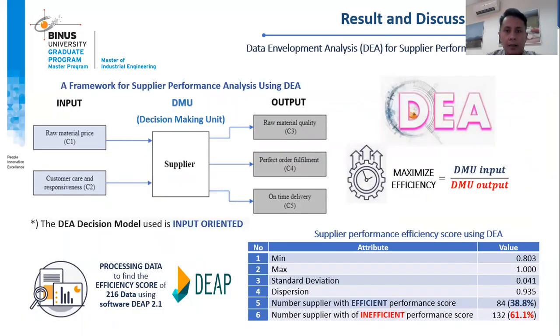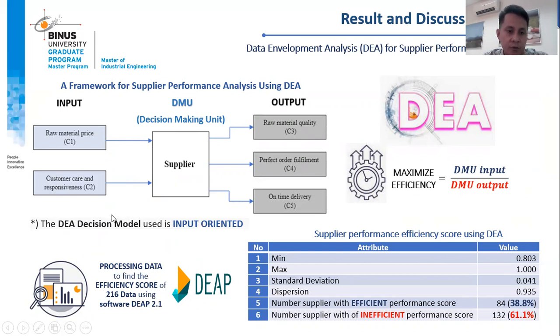After we normalize the data, we process the data to find the efficiency score using the software DEAP 2.1. Before processing the data, we decide on the DEA decision model.